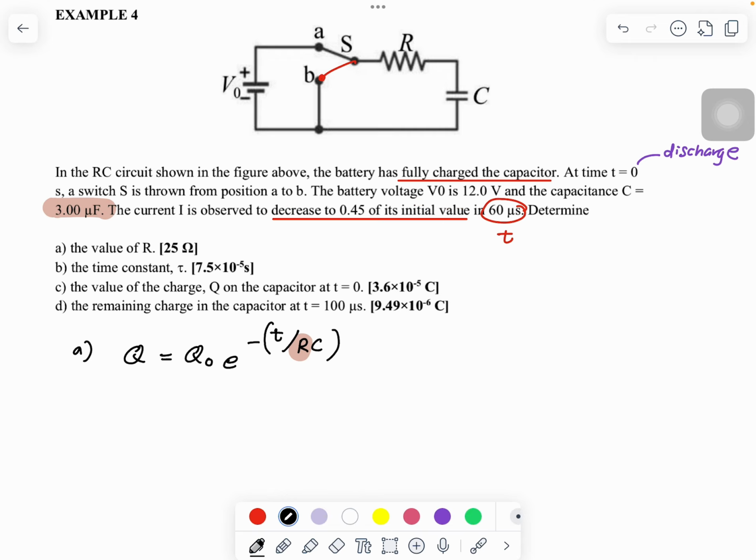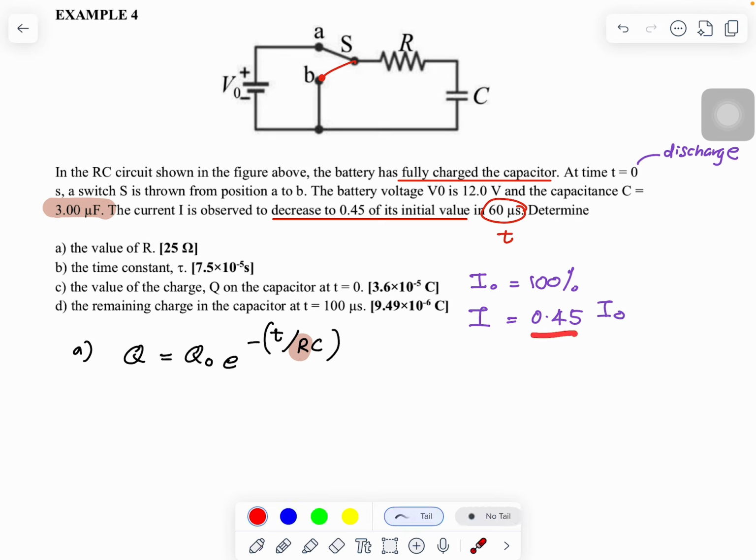So kita tahu initial value, we don't know the exact value, but initial value of current is always 100% lah. Macam kita tengah charge kan, it's fully charged, so it's 100%. So final value dia sudah berkurang kepada 0.45 of its initial value.